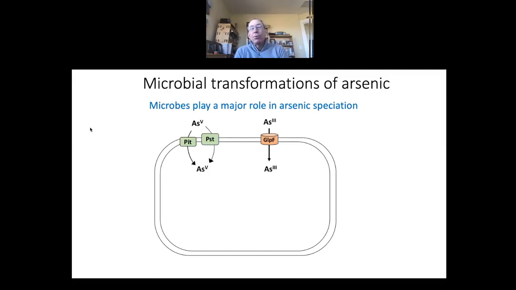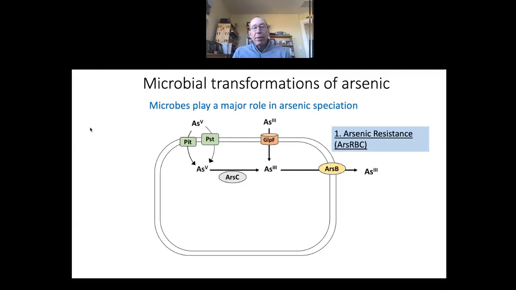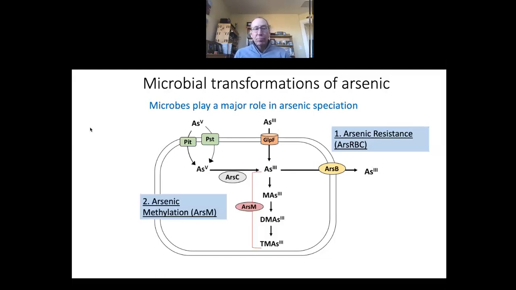There are also transporters that take up arsenite. Now, some microbes have genes, such as ArsC, which can convert arsenate to arsenite. And then the arsenite can be exported through transporters such as ArsB.